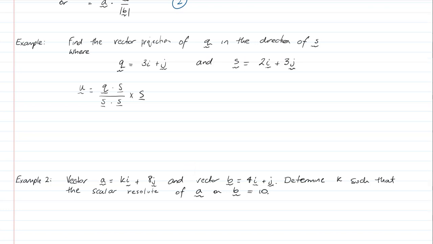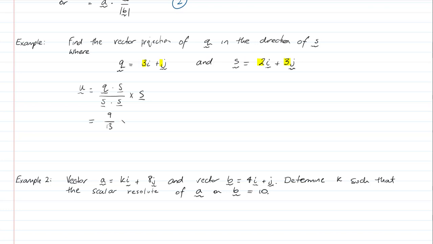So this is equal to Q dot S. Q dot S is just these coefficients. Remember, this is our 1, 2, and this is our 3, 4. So Q dot S is 3 times 2 and 1 times 3, which is 9. Over S dot S, which is 2 times 2 and 3 times 3, which is 13.